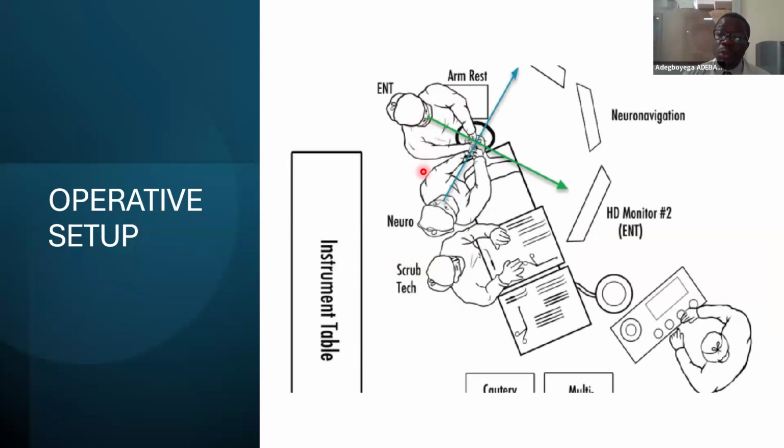It could be done by one surgeon, or two surgeons can be involved: the ENT surgeon and the neurosurgeon, the scrub nurse or scrub technician, the monitors facing the surgeon, and the anesthetist to the left side and the foot of the bed, as displayed above.